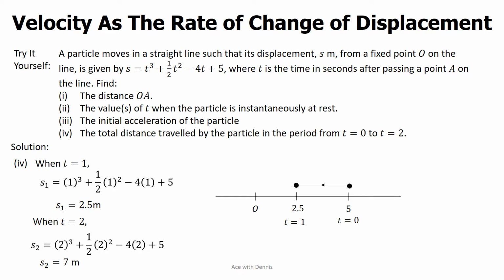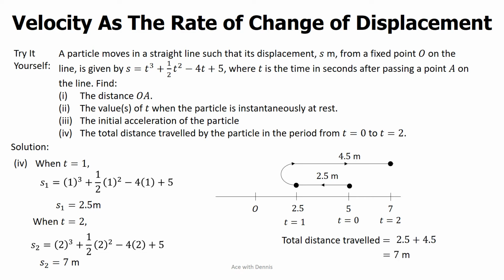So this is the particle. After t equals 1, it changes direction to t equals 2, where the displacement is 7 meters, and we get to this point. So the distance it has traveled after changing direction is 4.5 meters. Hence, the total distance is 2.5 meters plus 4.5 meters, which is 7 meters.